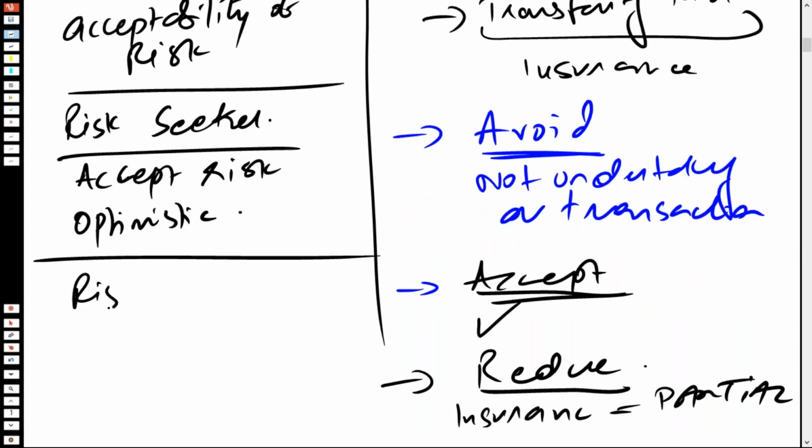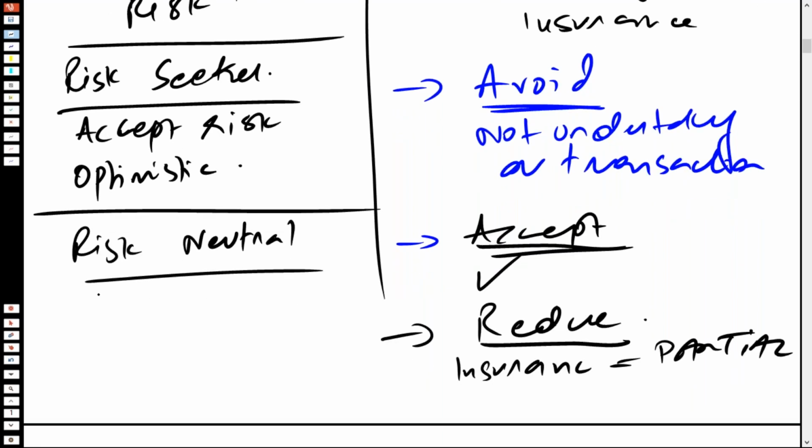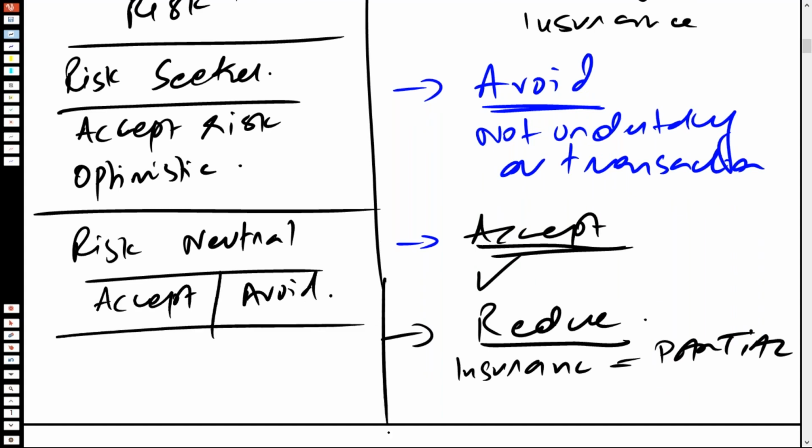There could also be a risk neutral attitude. What do you mean by risk neutral attitude? You accept some risk and you avoid some risk also. And the third type is the risk-averse attitude, which means that you simply avoid the risk.